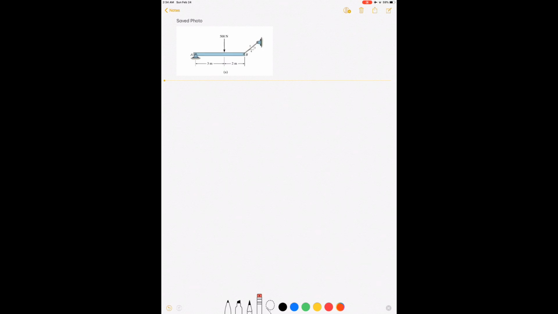So I'm going to write down the 5 steps we need to solve this problem. Step 1 is system. Choose your system. Step 2, draw FBD.